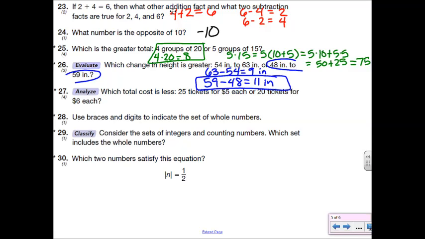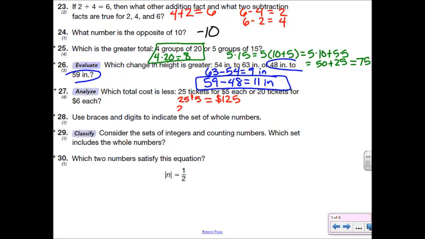Which total cost is less? 25 tickets for $5 each or 20 tickets for $6 each? So 25 tickets times $5 each gives me, well, 4 25s is 100, and one more 25 gives me 125.